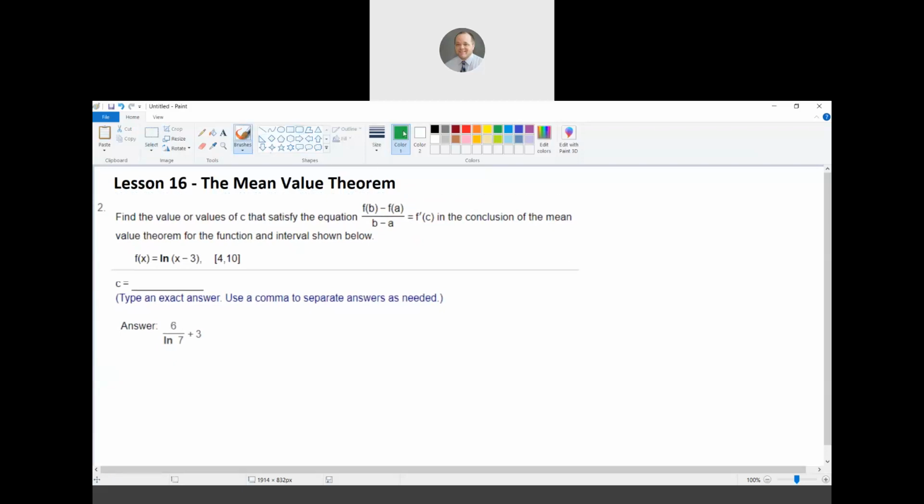Find the value or values of C that satisfy the given equation in the conclusion of the mean value theorem for the function and interval shown below. So we have f of x equal to natural log of, in parentheses, x minus 3, going from the closed interval 4 to 10, where a is 4 and b is 10.